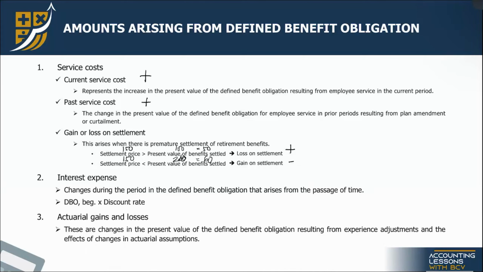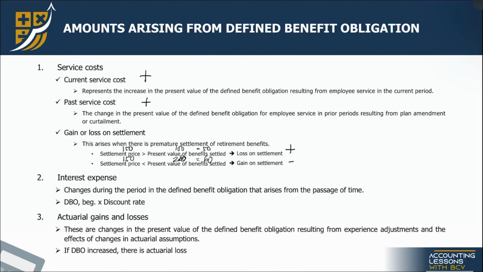Okay? Nakukuha ba? So how do we know kung meron tayong actuarial gain or loss? If defined benefit obligation increases, then there is actuarial loss. Why? Kasi ang defined benefit obligation, utang mo yan eh. Di ba? Liability mo yan. So pag tumaas ang utang mo, then magkakaroon ka ng loss.